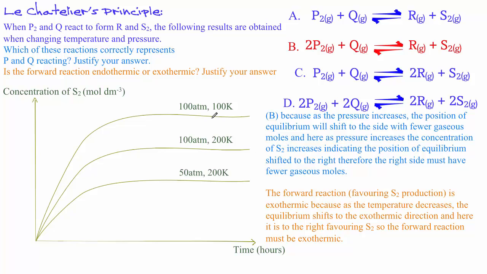And if the exothermic direction is causing more S2, that must mean the forward is the exothermic direction. Forward reaction is exothermic because as the temperature decreases, the equilibrium shifts to the exothermic direction, and here it is to the right, favouring S2, i.e. more S2, and the temperature was less.